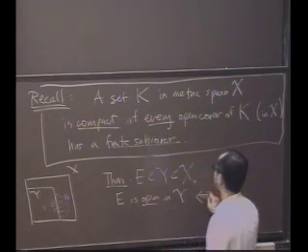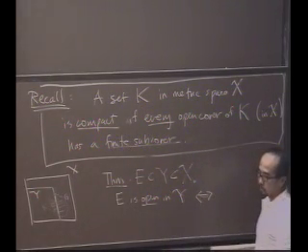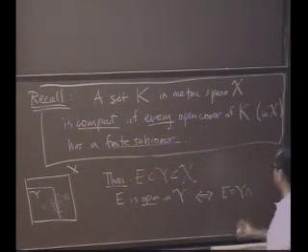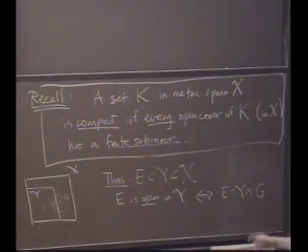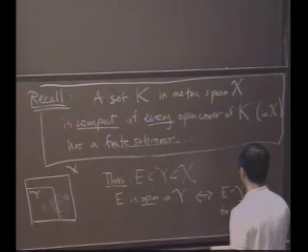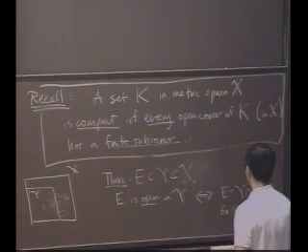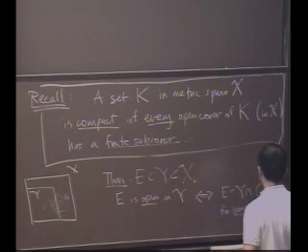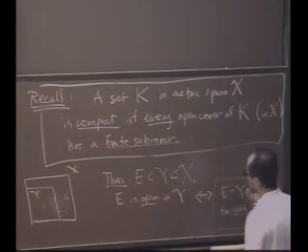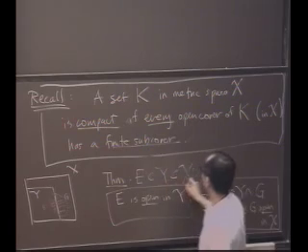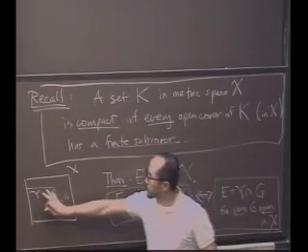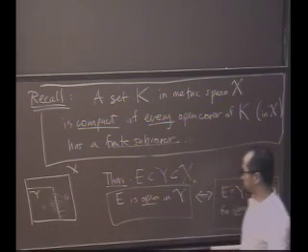if and only if, what? E is actually the smaller metric space intersected with some set G, for some G open in X. So this is the correspondence between being open in a subset, a metric space that's a subset of a bigger metric space.